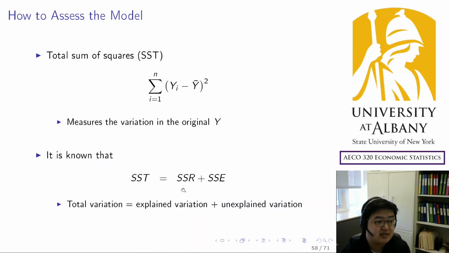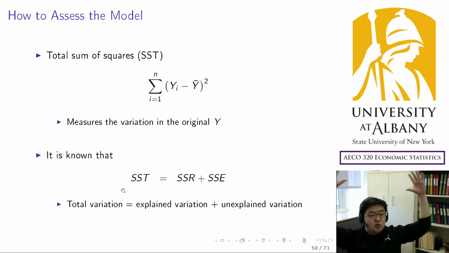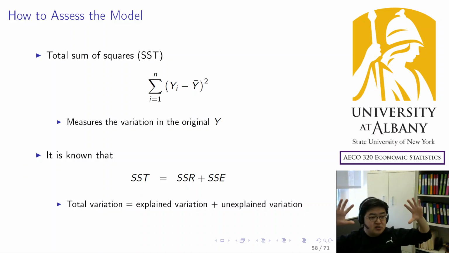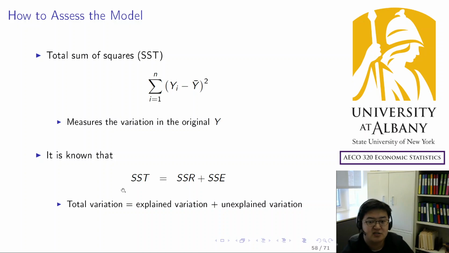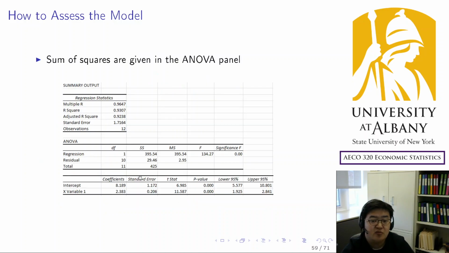Explained variation is explained by the regression model, or by the independent variable x. So you produce different amounts, so this much is explained. But still, I don't know why there is additional randomness, an unexplained part. So this is decomposition: you can decompose the total variation of your cost into two parts.